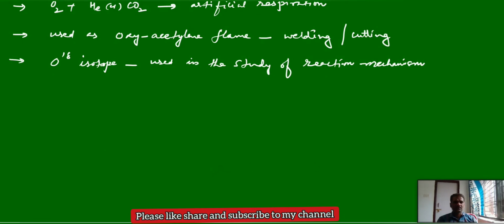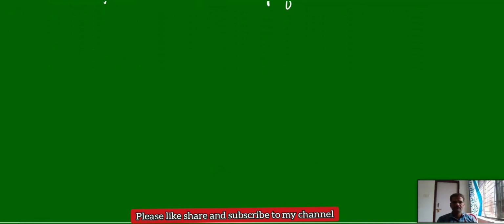Next we have the oxides. Now we will see oxides. About these oxides we already discussed in the periodic table in 11th, but anyhow we will discuss again here. First of all, what is an oxide? You can write the basic definition.